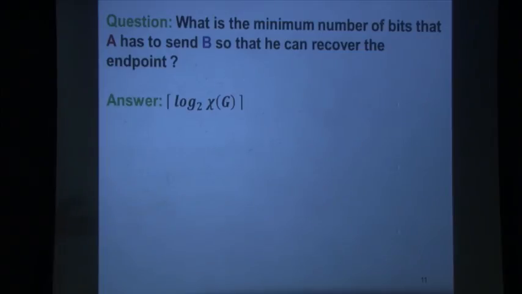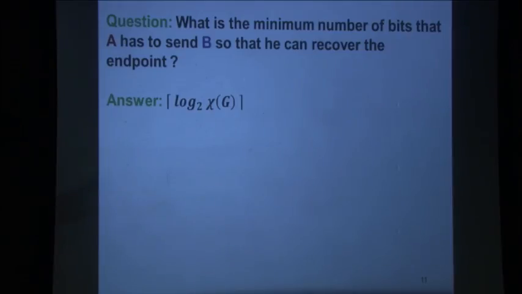The answer is exactly the ceiling, because we want an integral number of bits, of the log base 2 of the chromatic number of G. And this is why: one thing they can do, Bob and Alice, is decide on a proper coloring of the graph G.